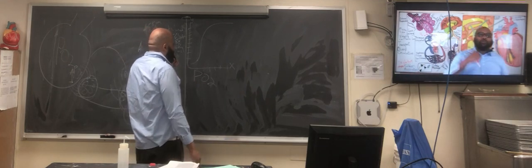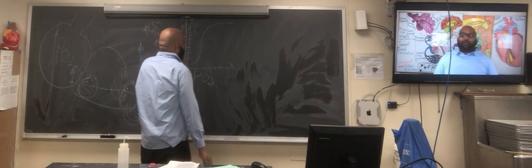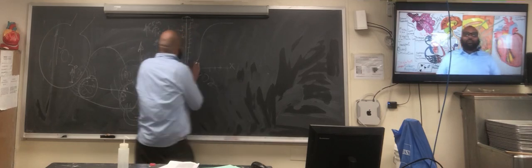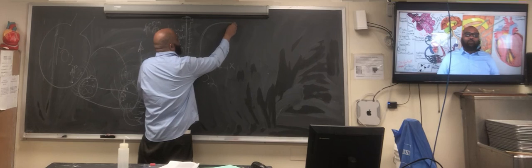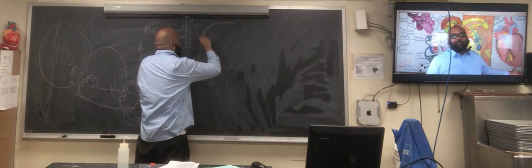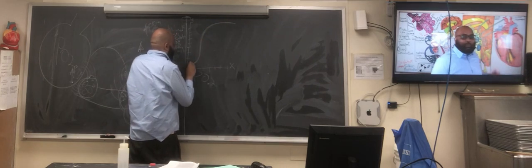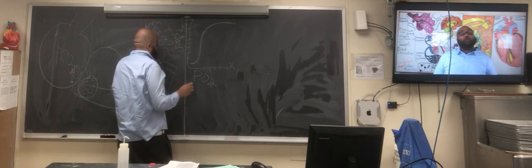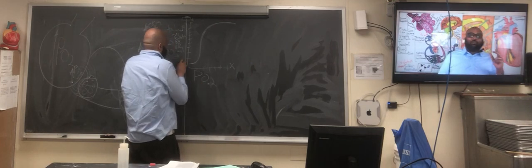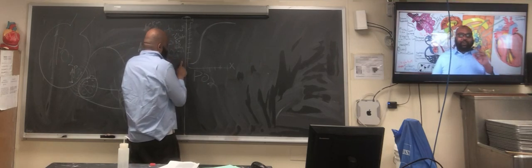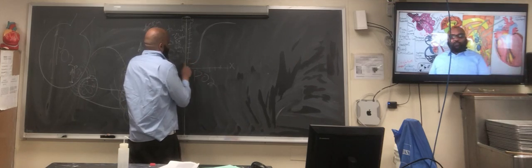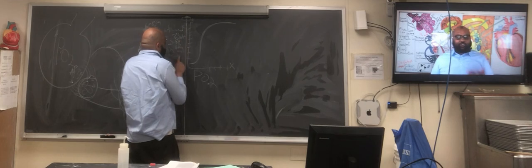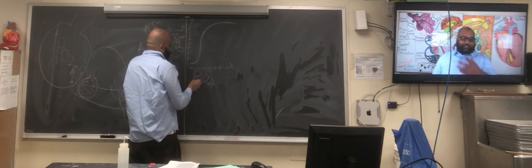But Bohr's effect says, let's say this is the normal graph representing hemoglobin's activity, and that it will be less saturated with oxygen where there is low partial pressure of oxygen.